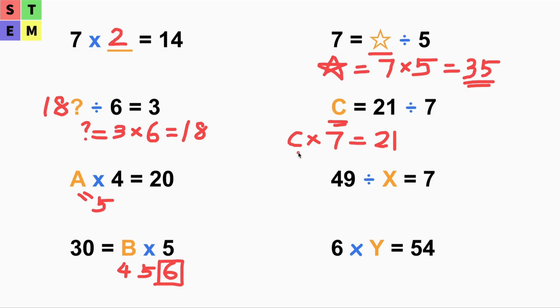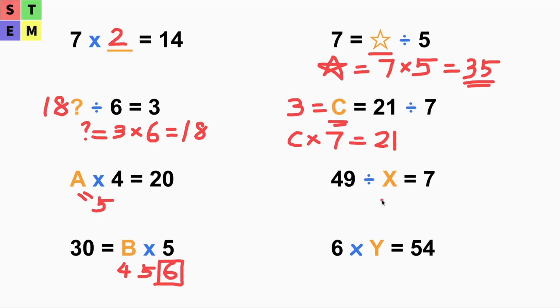We got 7 times 2 or 2 times 7 equals 14, and 7 times 3 equals 21, right? 7 times 3, which is also 3 times 7. So we got C here actually equals 3. So 3 equals 21 divided by 7.